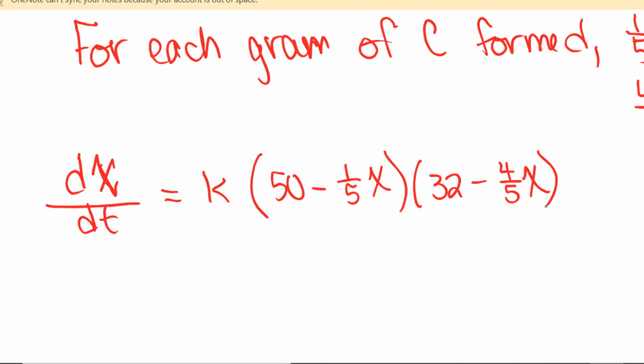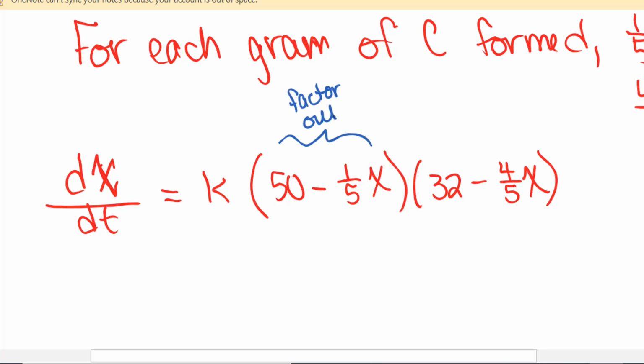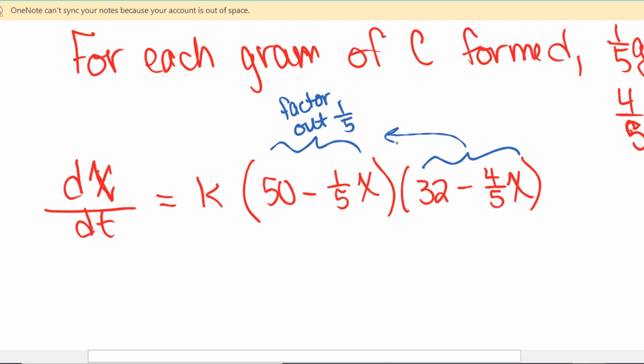So what we'll do is first factor out a 1/5 from each of those sets of parentheses and just kind of absorb the 1/5 into the constant. So I'm going to factor out a 1/5 in the first set and in the second set. And then, like I said, they just kind of get absorbed into that K.